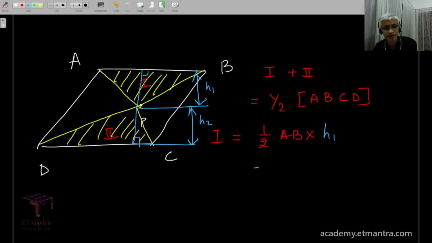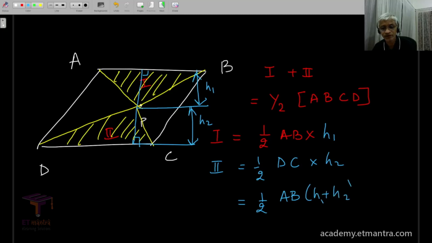And similarly, the area of 2 is going to be equal to half DC into H2. And this is nothing but half of AB into H1 plus H2, which is equal to the area of the parallelogram ABCD.